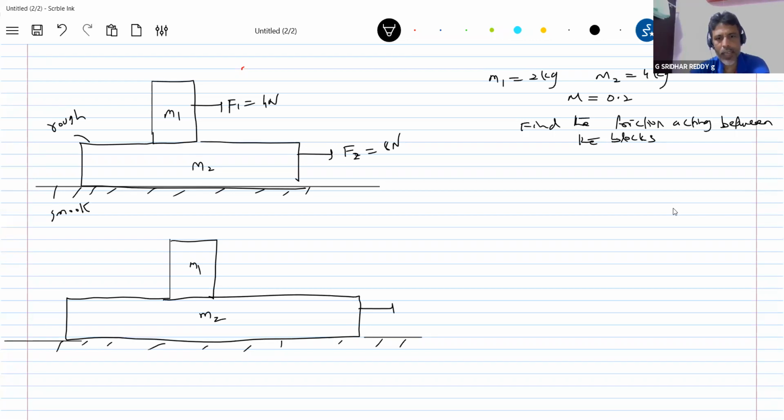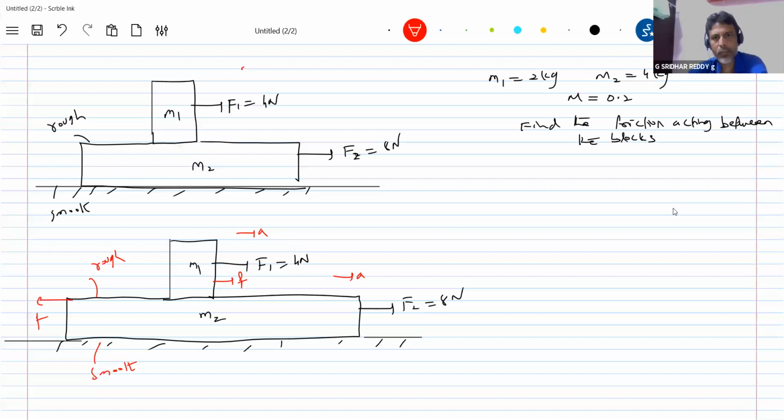The same diagram: this 8 Newton, this 4 Newton. Let there be friction acting here. And I'll assume that both will have common acceleration. This is rough. This is smooth. So what is the basic condition? I'll assume that no slipping occurs.